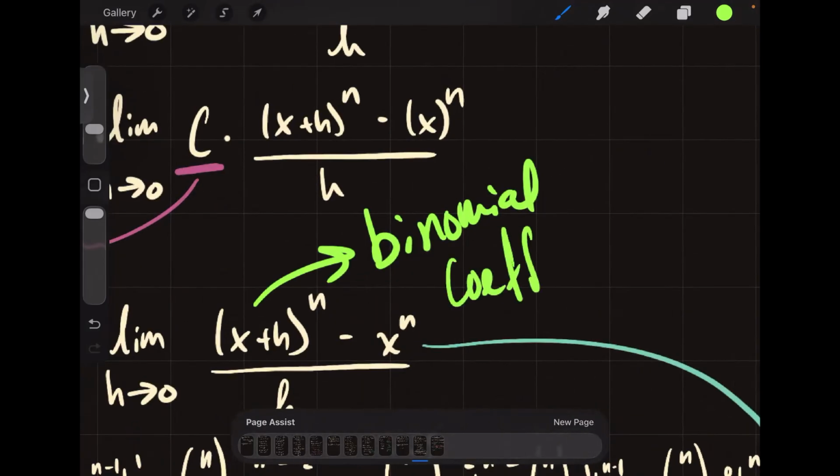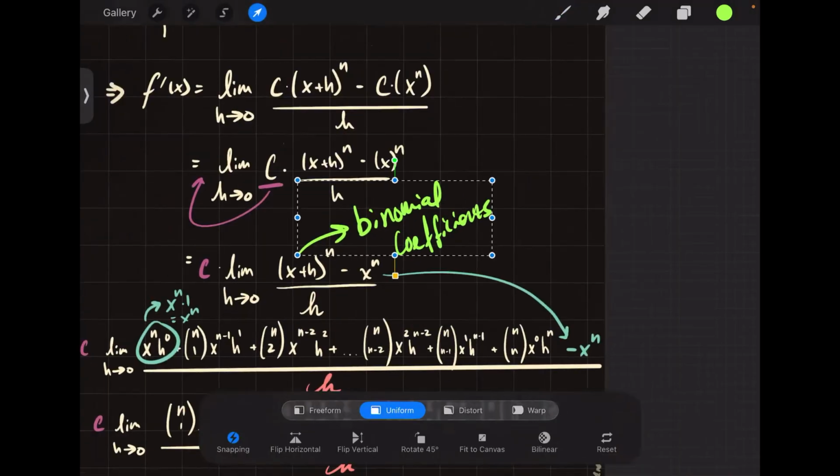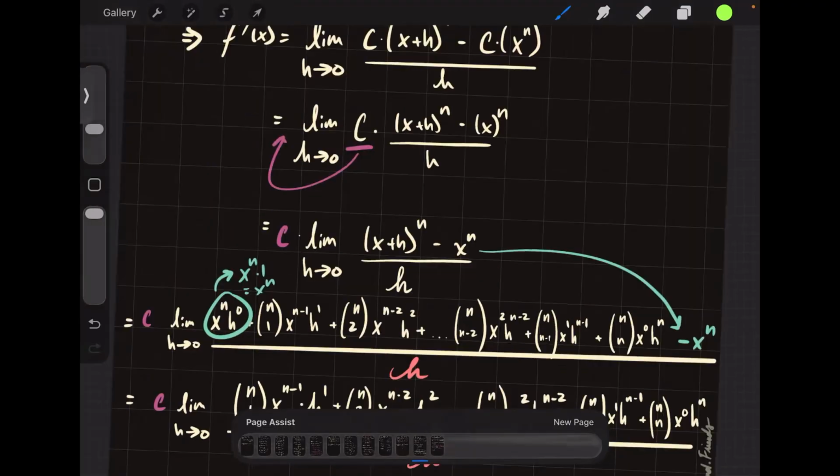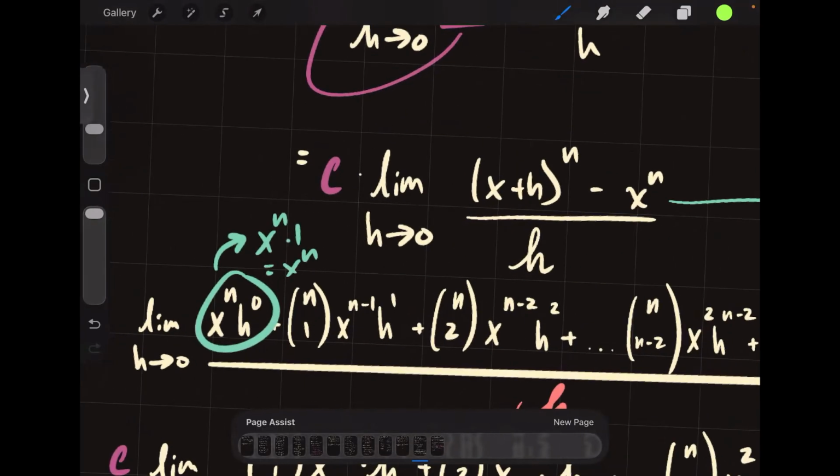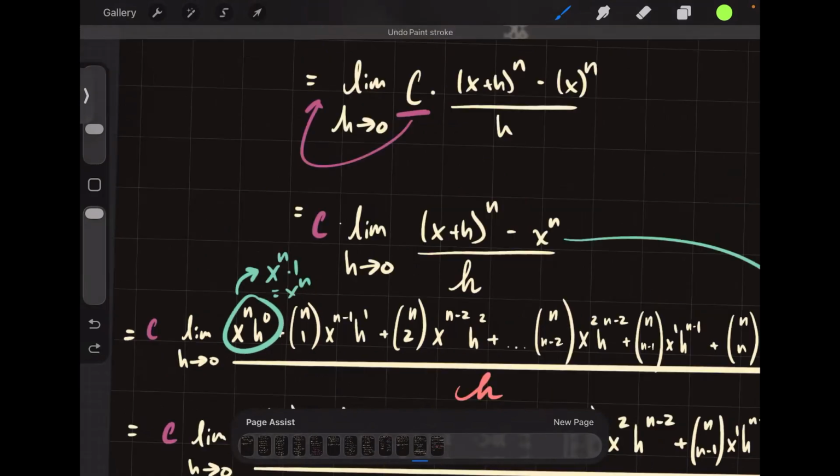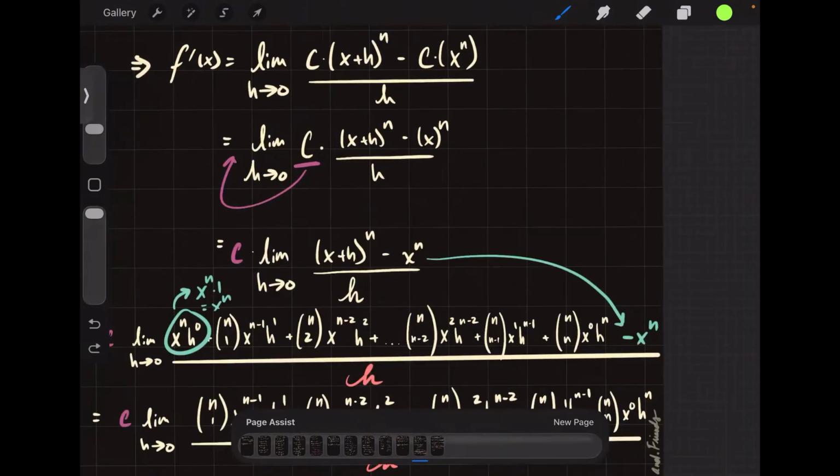Okay, this next part is going to be binomial coefficients. It follows Pascal's triangle, but it's not entirely important. Actually, let's crash course it real quick.